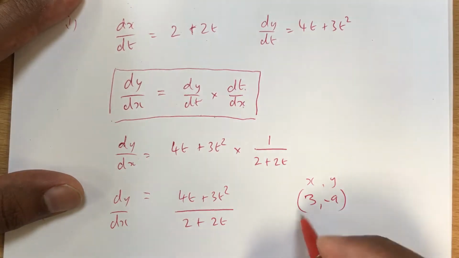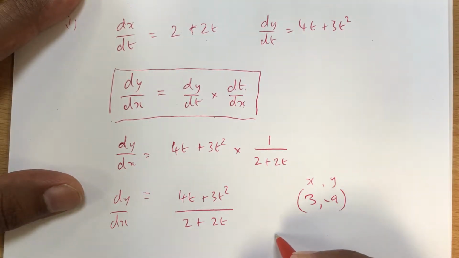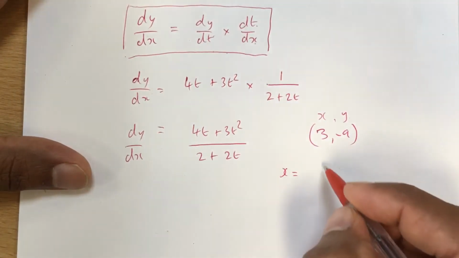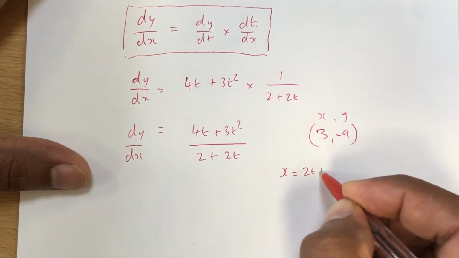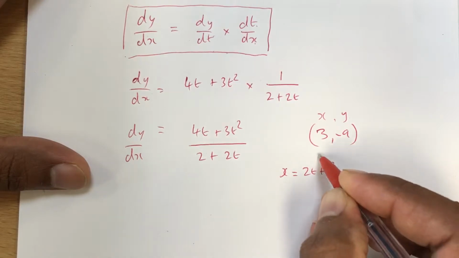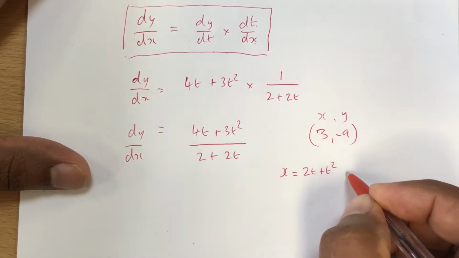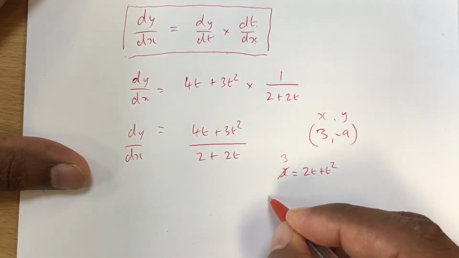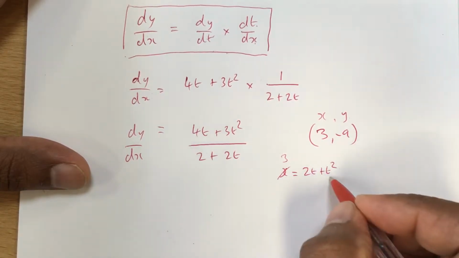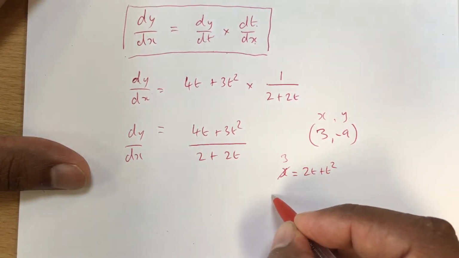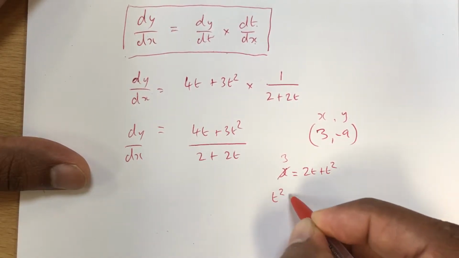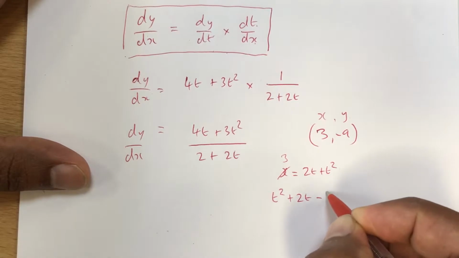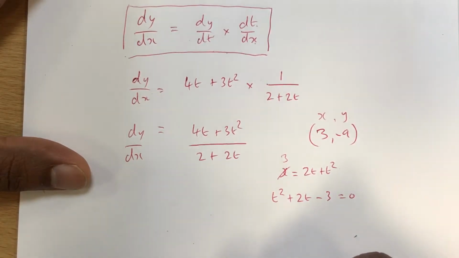But we know from our parametric equations that x is equal to 2t plus t squared, and that I now need to equal to 3. Taking it to one side, I've got t squared plus 2t minus 3 equals 0.